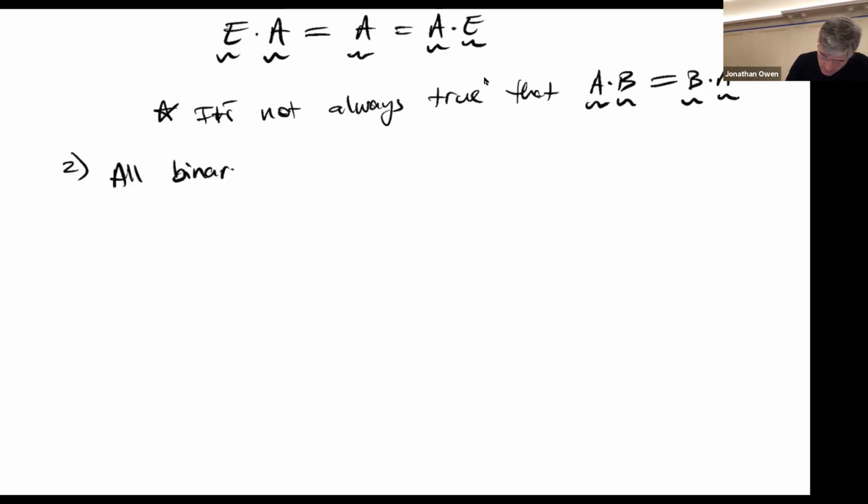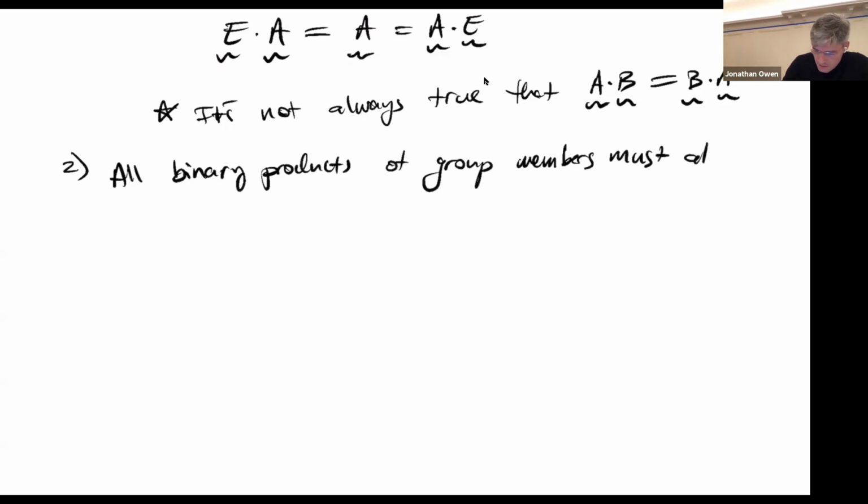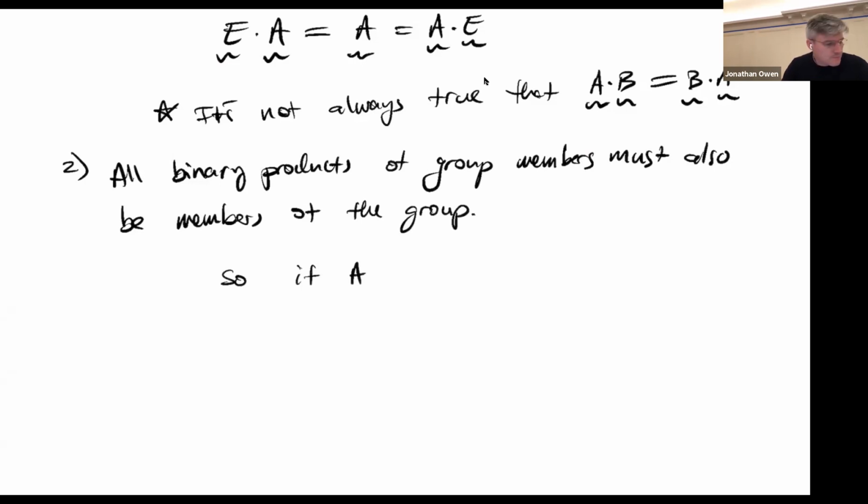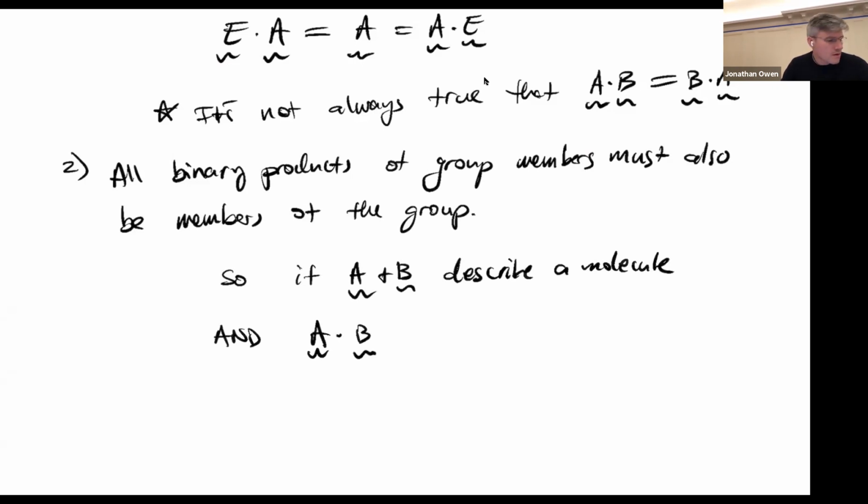So all binary products: if A and B describe a molecule, and A times B is equal to some other operation, C, then C also describes the molecule.